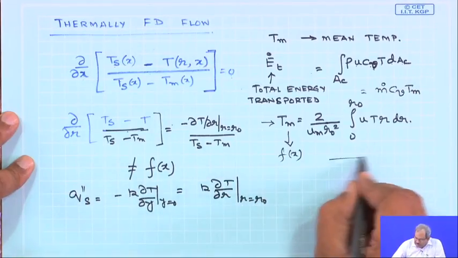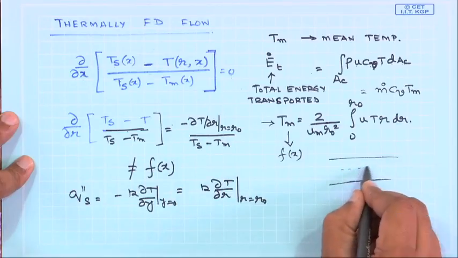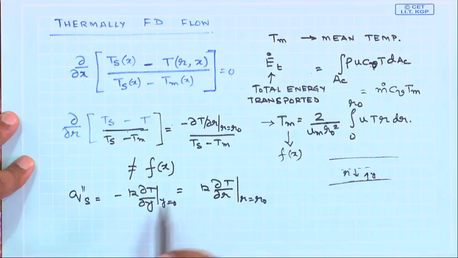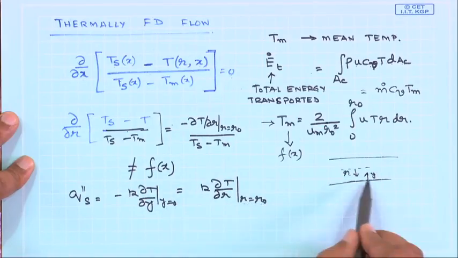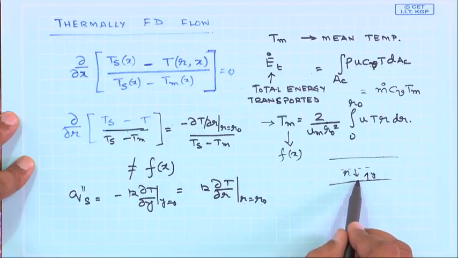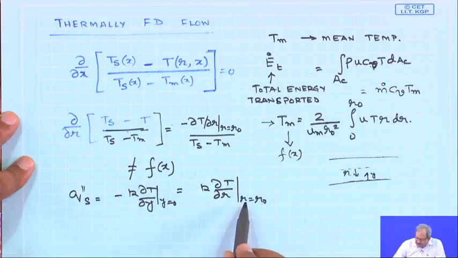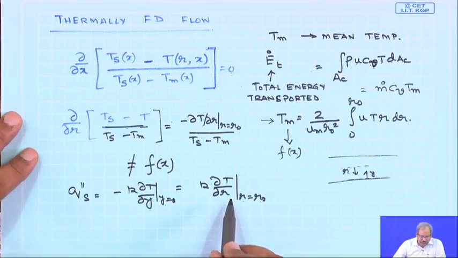So, if this is the pipe wall, then this is your r and this is your y. So, y equal to 0 transforms to r equals r 0, and since y and r are in opposite directions, I absorb the minus sign when I change the variable from y to r.